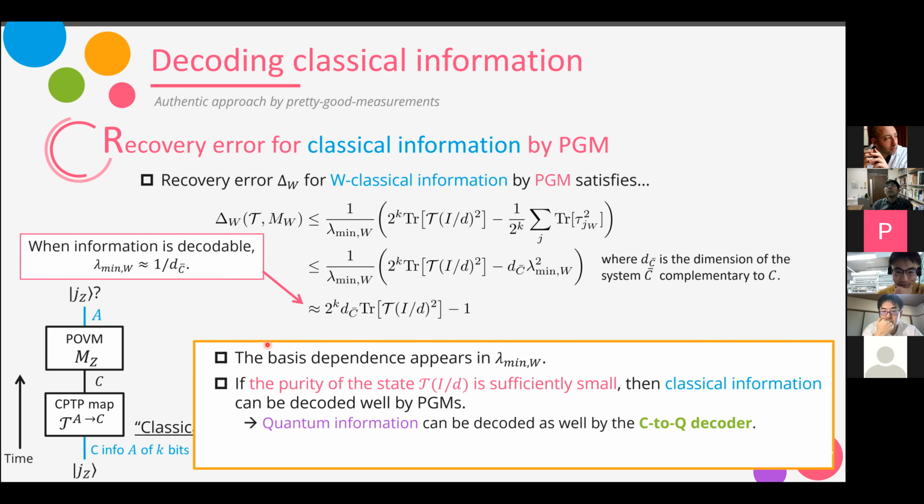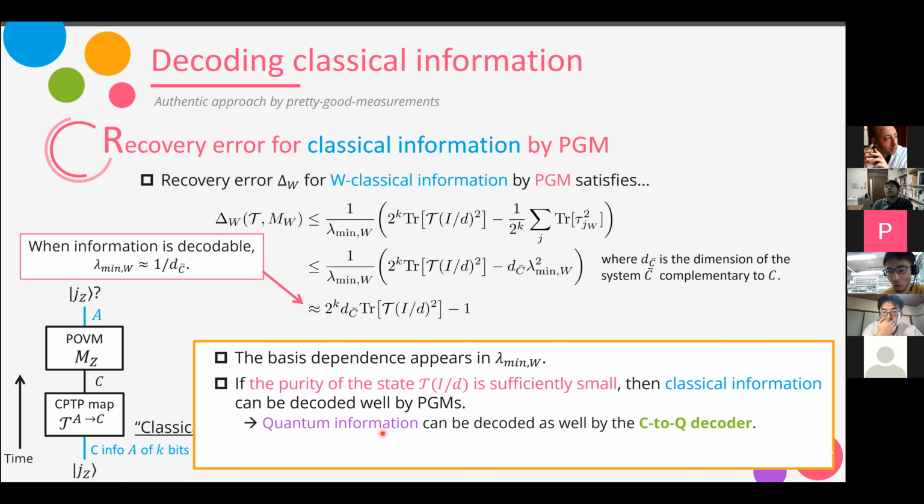So now we have an upper bound of the recovery error for classical information, and it tells us that if we are able to compute the purity of this state, then we know the upper bound of the recovery error. If it is small, then we can recover the classical information very well. And thanks to the C2Q decoder, if we succeed in decoding classical information well, then we can also decode quantum information.